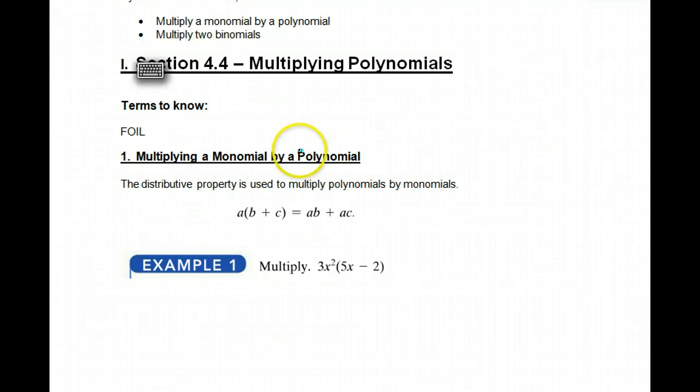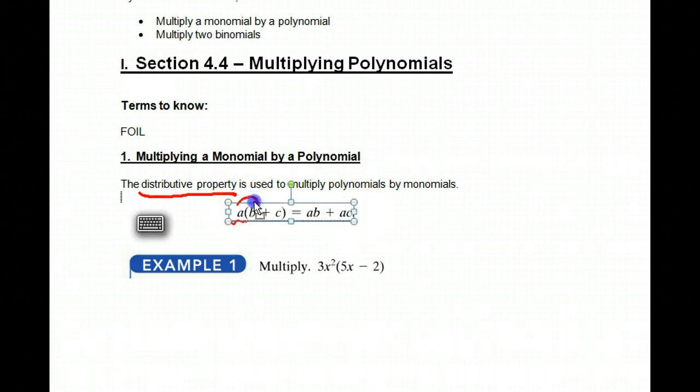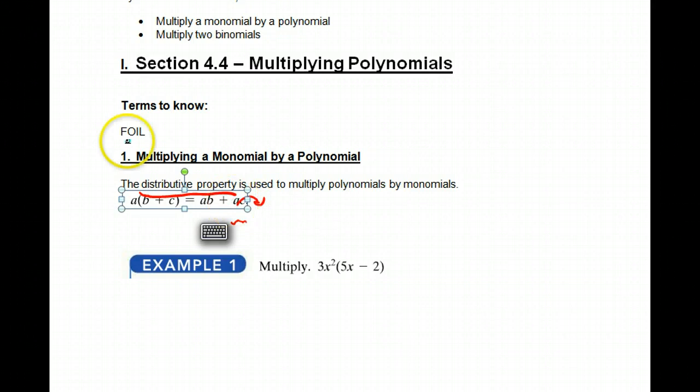You have used this whenever you learned how to use the distributive property. During the distributive property, you have taken your monomial, which is similar to the letter A in front of your parenthesis, and distributed it into the entire parenthesis.